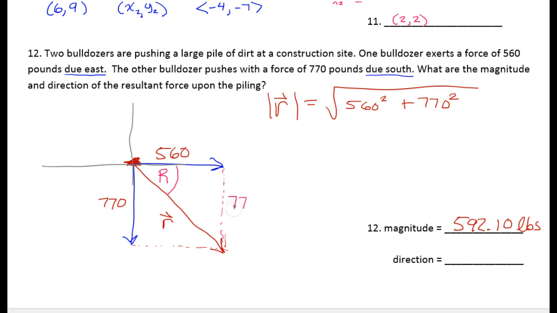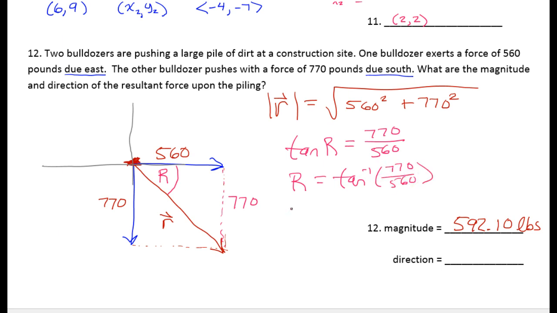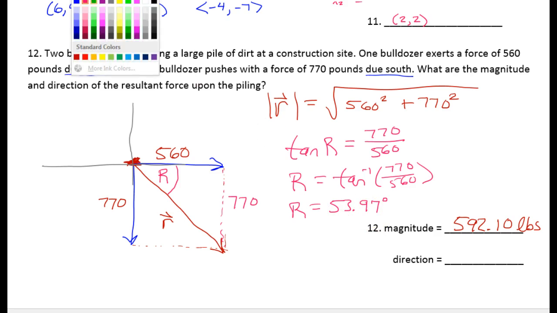This is 770 over here. So I can easily find this reference angle by doing tangent. So the tangent of R is going to be opposite over adjacent, so that's 770 over 560. So the measure of angle R will be the inverse tangent of 770 over 560. So I'm just going to put that in my calculator. So that reference angle turned out to be 53.97 degrees.